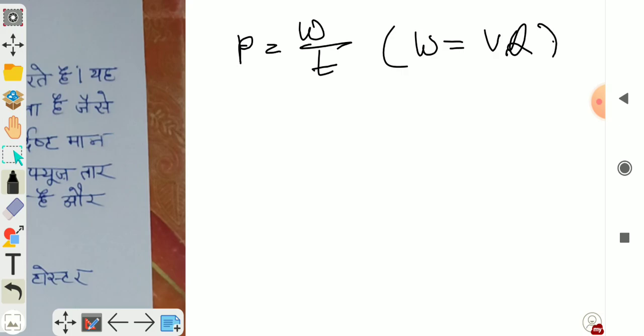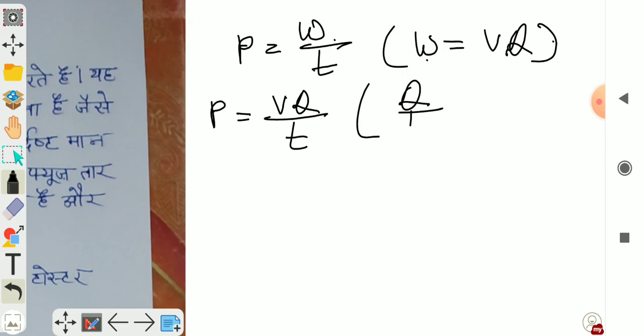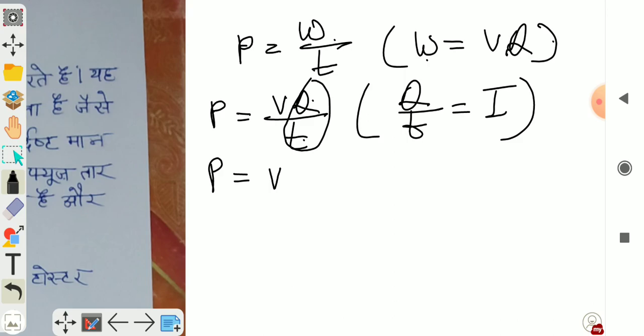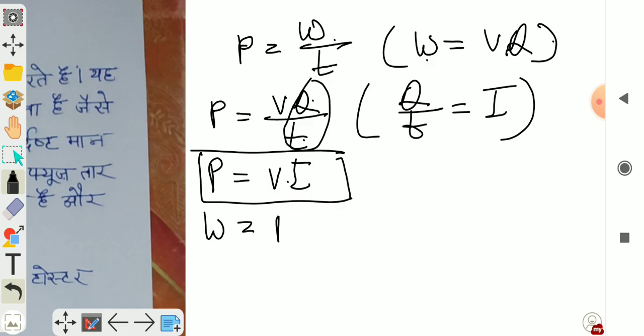If we put the value of W in this equation, then we will get P equal to VQ upon T, and you know Q upon T is equal to I. When we place I in place of Q upon T, then we will get P equal to VI. So power is equal to V into I, and you know W equal to P into T.